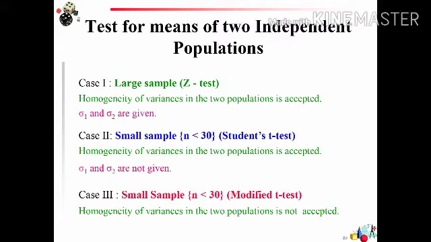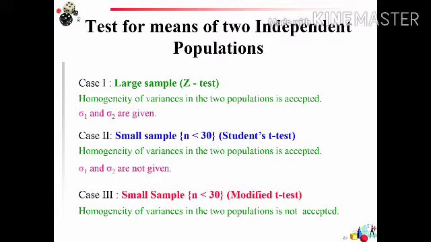Next section is test for means of two independent populations. In the previous section we have seen one sample population. Here we are going to compare the means of two independent populations. So there are three cases. Case 1, for large sample, the Z test we apply.